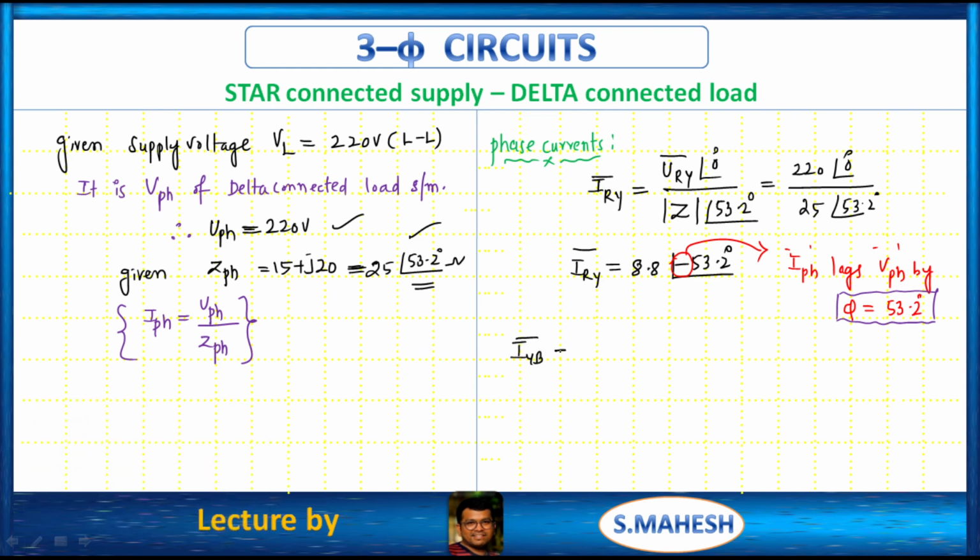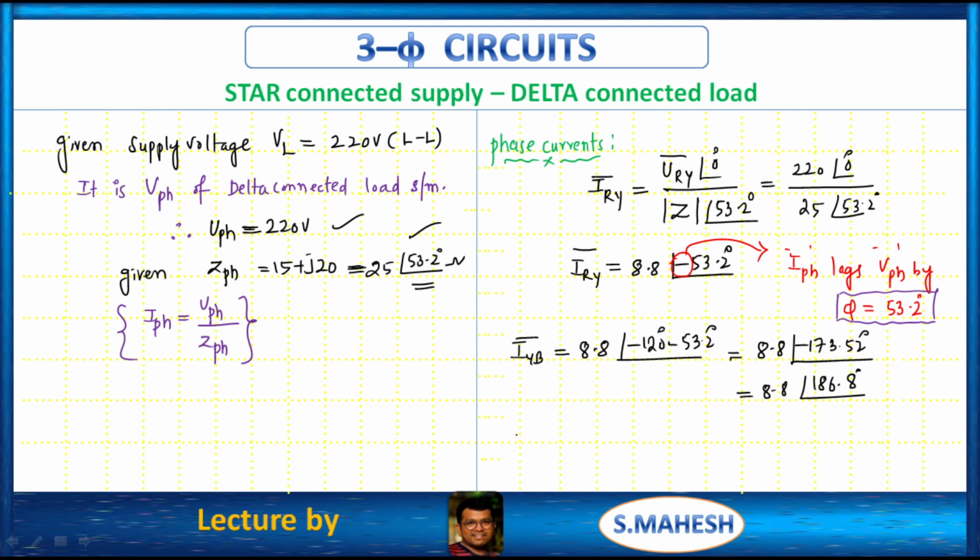Then the next phase current, IYB, between Y and B. Obviously it is 8.8 at an angle minus 120 minus 53.2, which is 8.8 at an angle minus 173.52. We can call it 8.8 in terms of positive angle 186.8. If you add 186.8 plus 173.52, you will get 360 degrees.